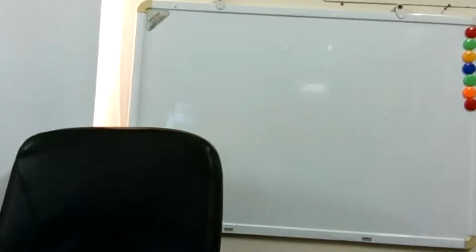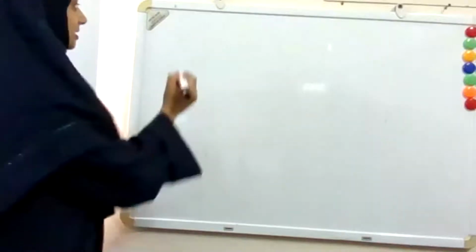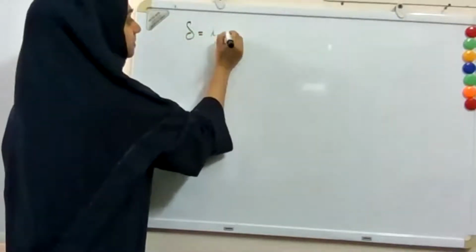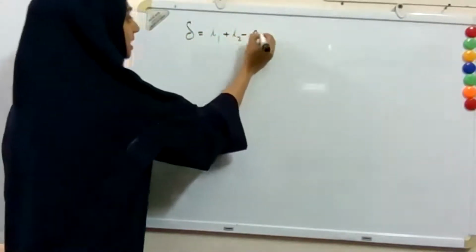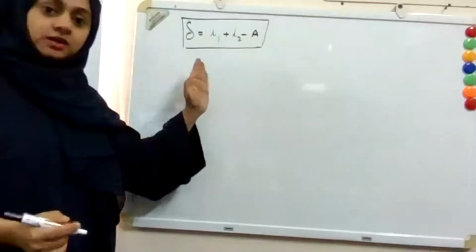So let me show you the angle of deviation on the whiteboard. Here we have to show that the angle of deviation delta is equal to I1 plus I2 minus A. This is a relation which you have to memorize also for solving equations.